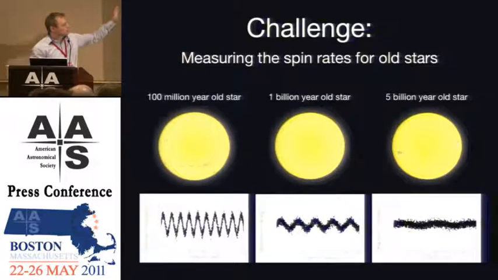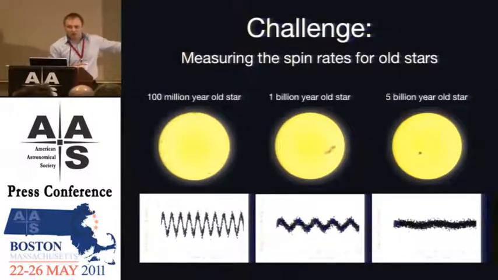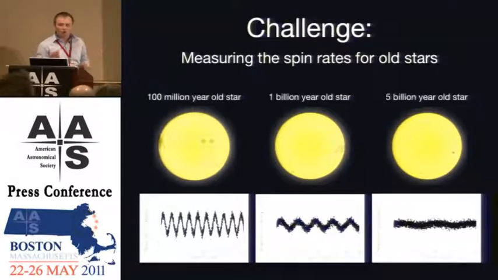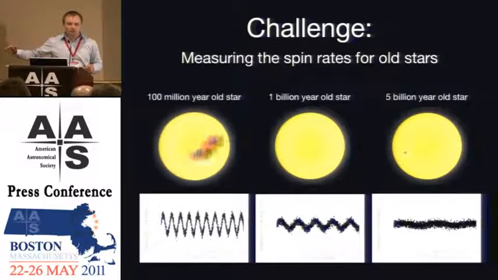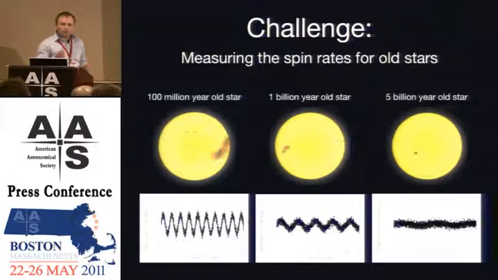And so, as you see in the left panel here, the brightness fluctuations of young stars are large and of short duration and relatively easy to measure. But as stars get older, they spin slower and they have smaller and fewer spots. And so the brightness fluctuations, as you can see in the middle panel and the right panel, get smaller and of longer duration. And that is what we want to measure.